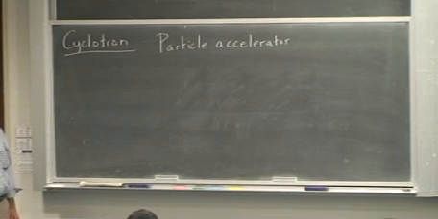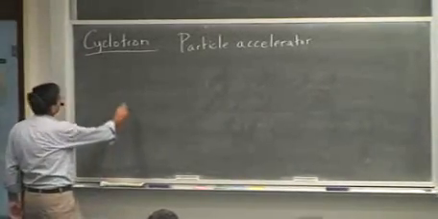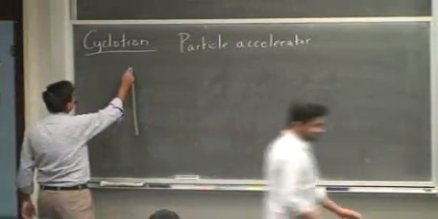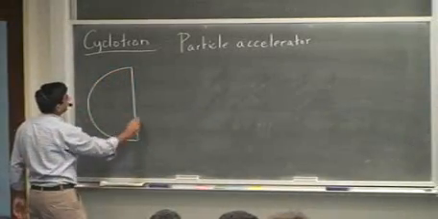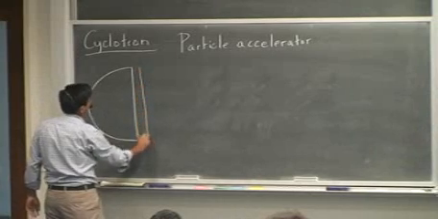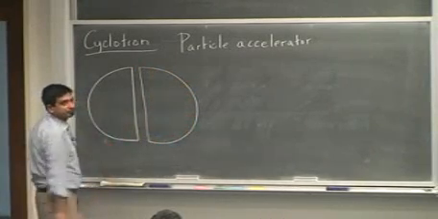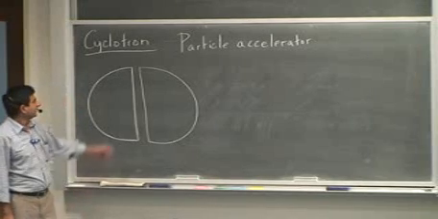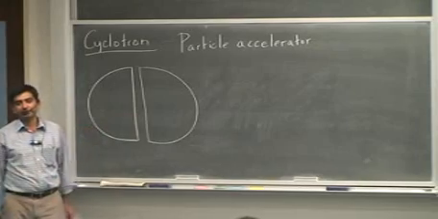So how does a cyclotron work and what is it constructed like? The cyclotron basically comprises two hollow metallic hemispheres. Now these are metals and they are hollow from the inside.